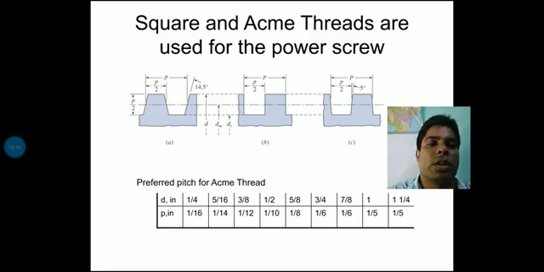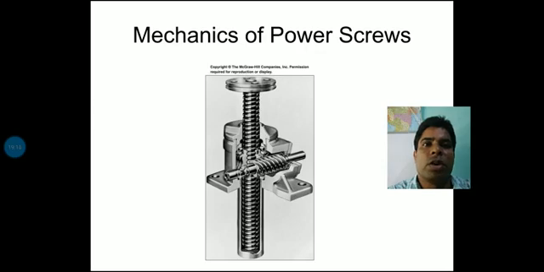That is the table chart. You can also get this data in the design data handbook, and that is a typical acme thread system, and obviously the square thread system, and it is the mechanism of a power screw.